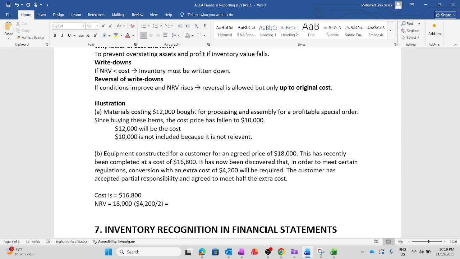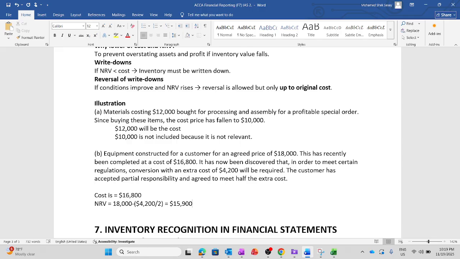So the answer will be, let me use my calculator. 4,200 divided by 2, which is 2,100. So 18,000 minus 2,100, therefore it will be 15,900.